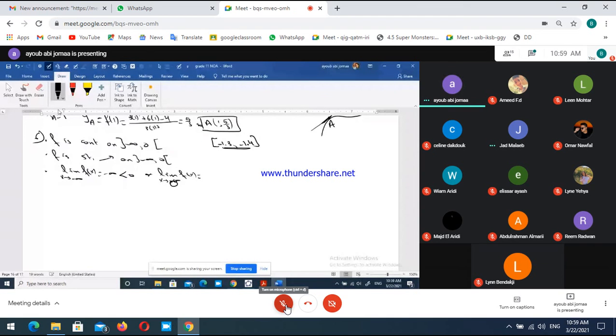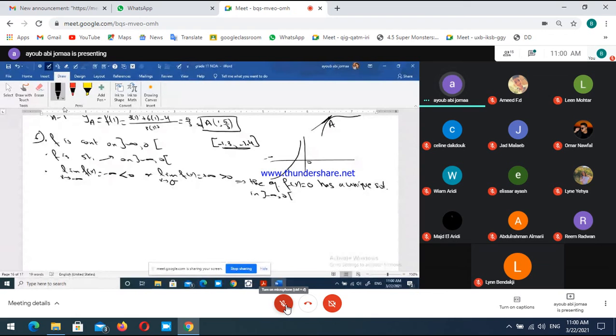It means f is increasing from negative infinity to positive infinity on this interval. The equation f of x equals 0 has a unique solution in the interval negative infinity, 0. So here I have a solution.